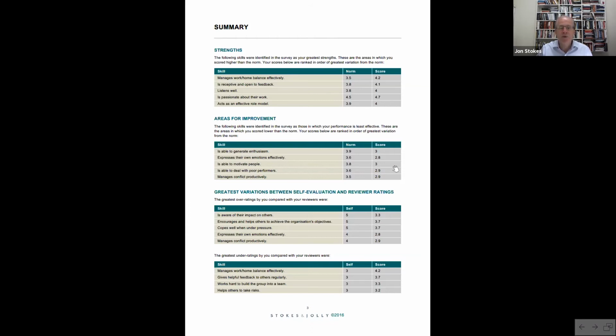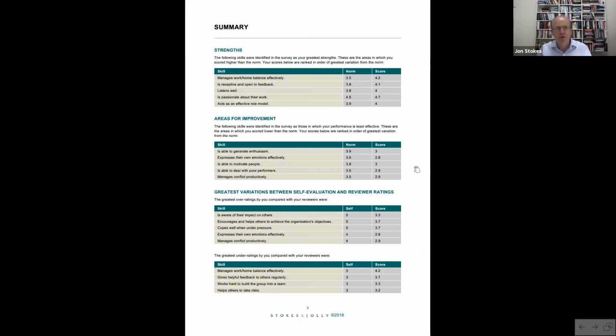And then there are some areas for improvement where the individual's been scored lower than the norm: able to generate enthusiasm, express his own emotions effectively, able to motivate people, able to deal with poor performers. This was a person who had become head of tourism in another country, whom I was working with in the Middle East, in fact, and they very typically were somebody who was very skillful at their trade, marketing and communications, but in a professional sense, but not necessarily in marketing or communicating themselves once they became a boss.